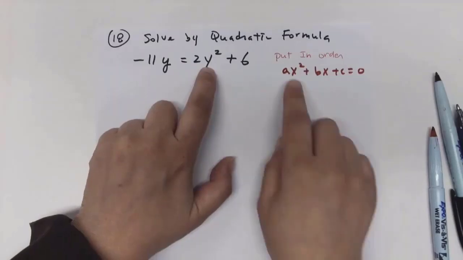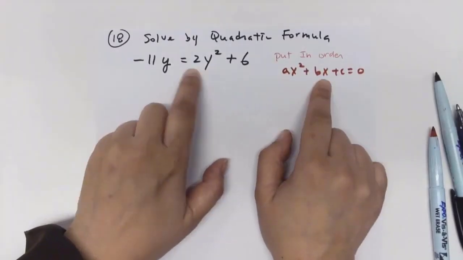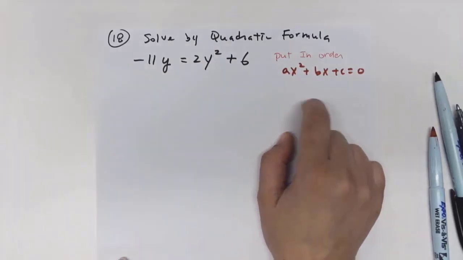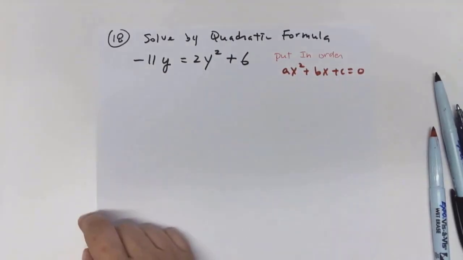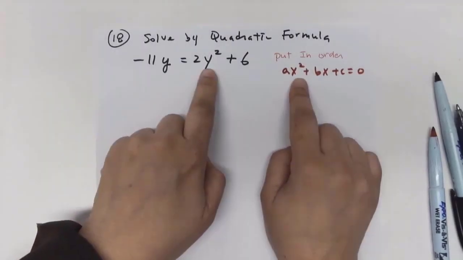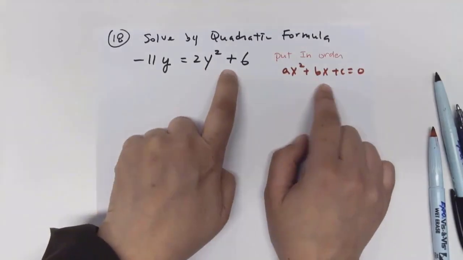So I need the square first, and then the one with just one variable, and then the number, right? So the easiest way to put in this order is to move which term? So you have square, and then 1, and then number.